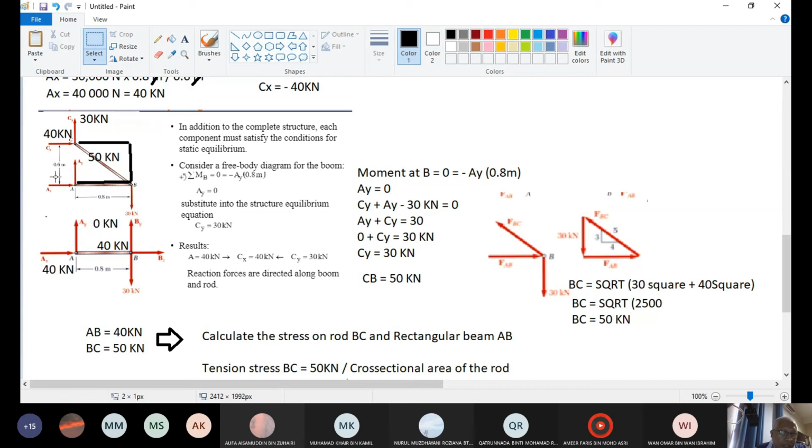So AX times 0.6 rotates at C. You must remember the pivotal point is at C. Is it clockwise or counterclockwise? Counterclockwise. Okay. Then what else at C? The force 30 will be rotating at C, will rotate in this direction, and will be negative.